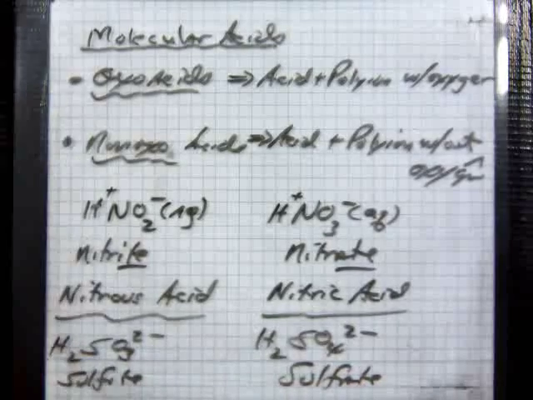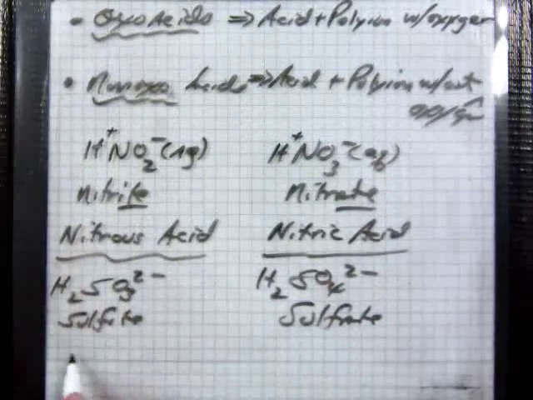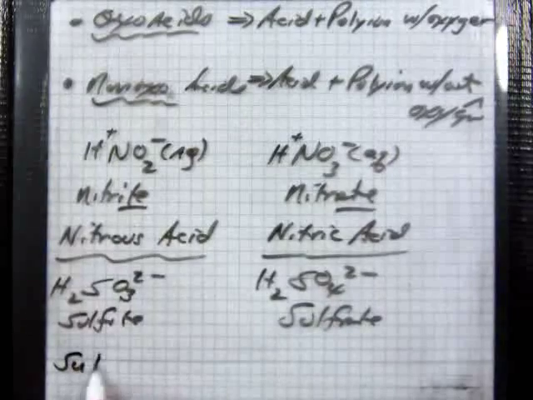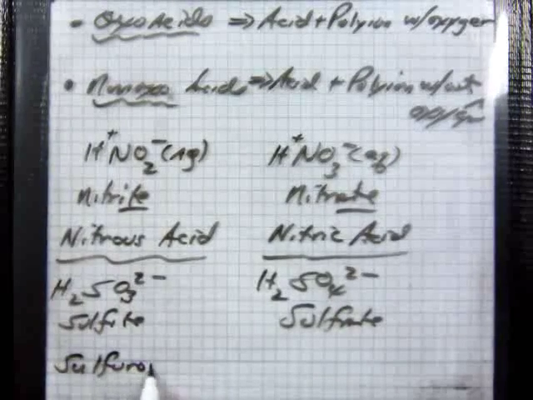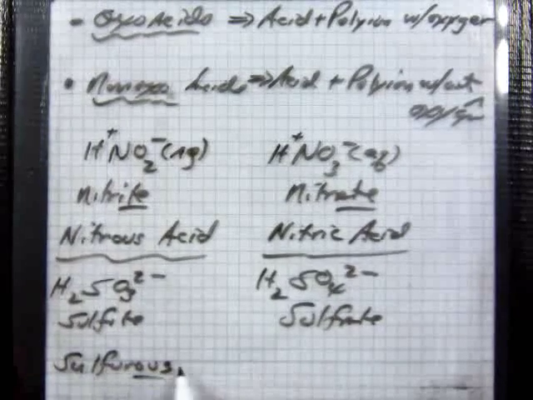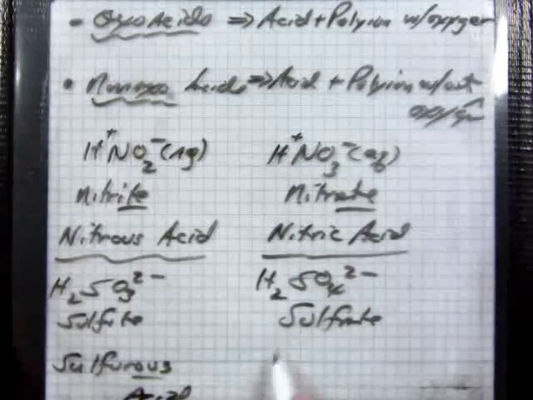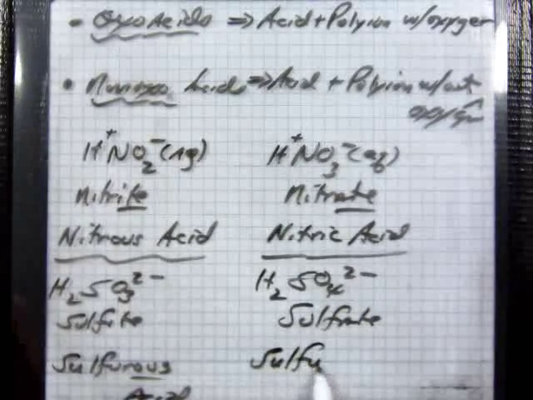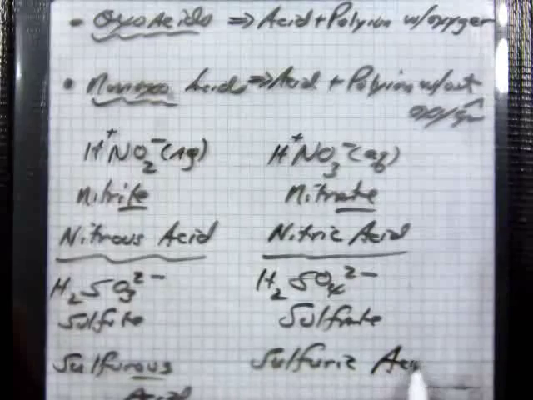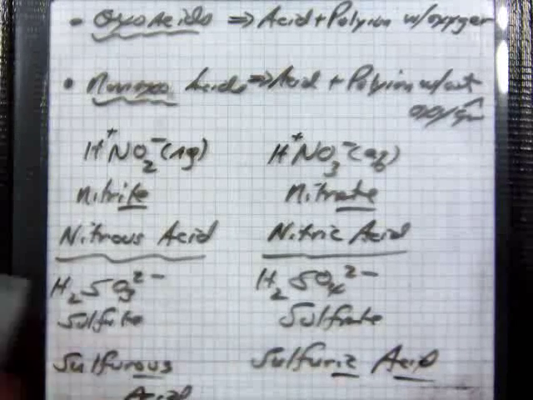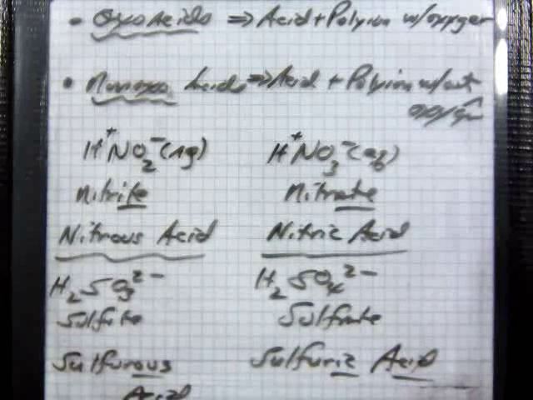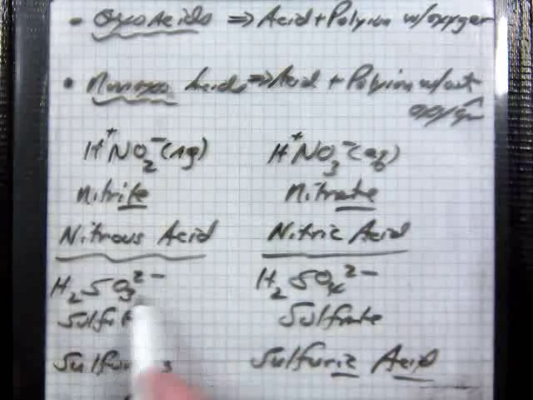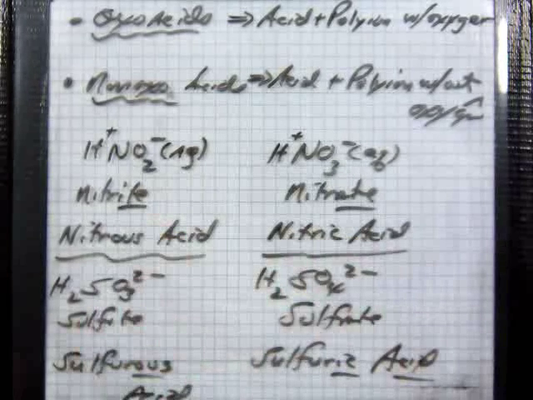That would make this sulfurous acid, and this is sulfuric acid. See how the ATE drops to IC and so forth. So this is common all the way through, and these are, of course, oxo acids.